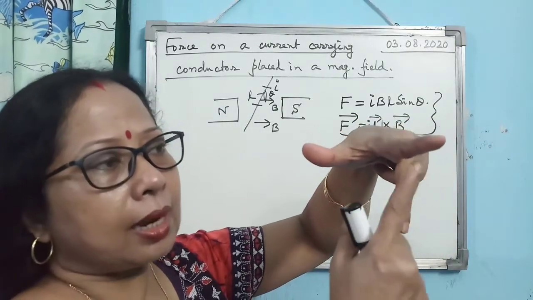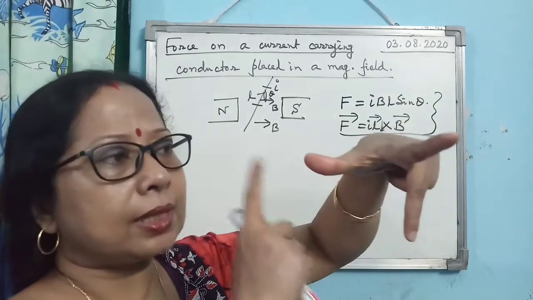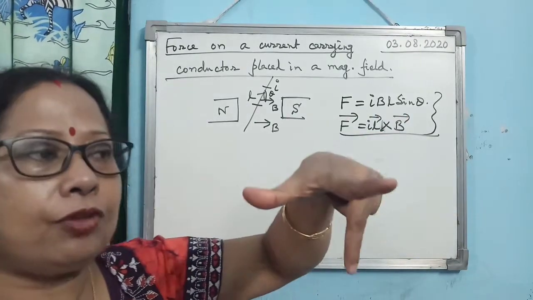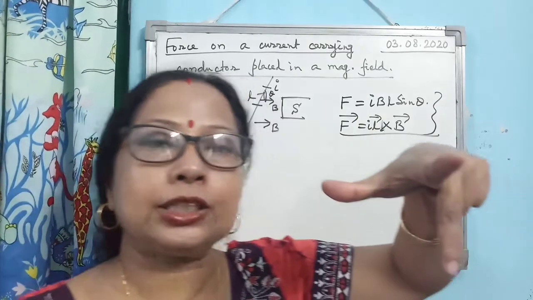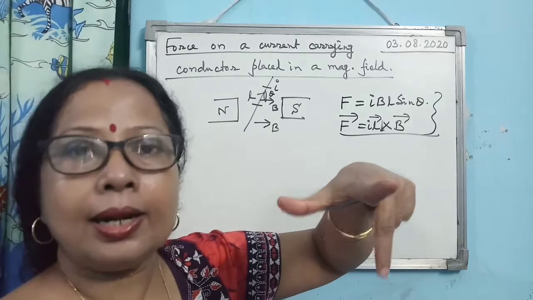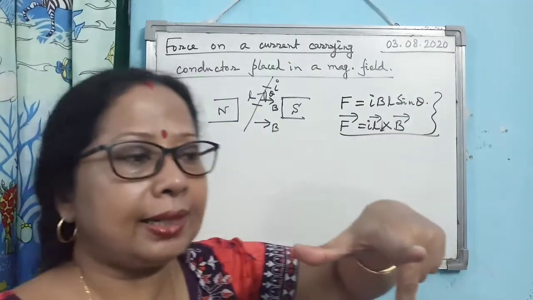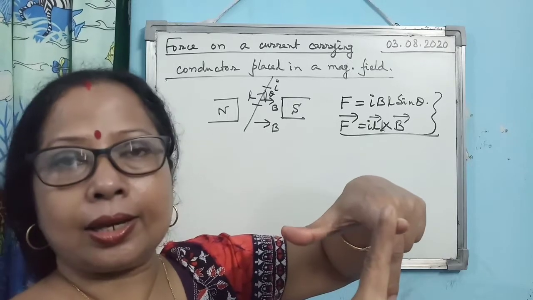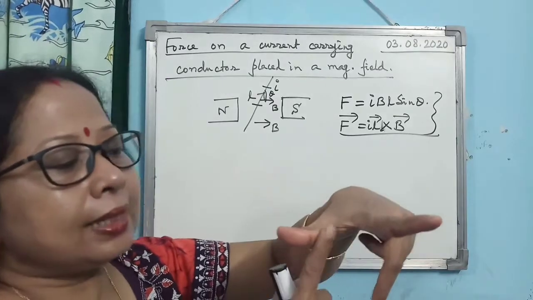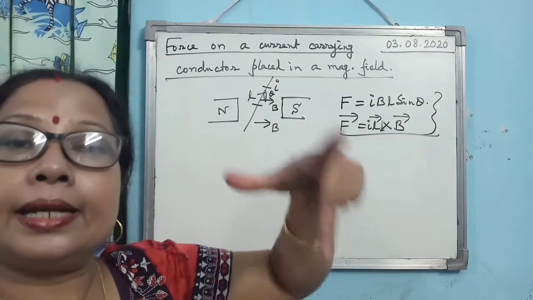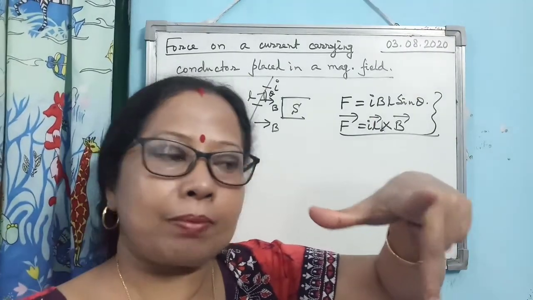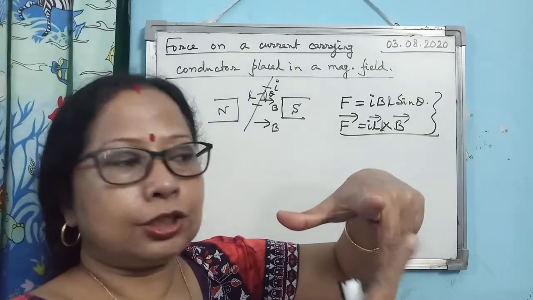If you consider the first three fingers, the thumb, the index finger and the middle finger of your left hand, and place them perpendicular to each other, then the middle finger gives you the direction of the current, the index finger gives you the direction of the magnetic field, whereas the thumb gives you the direction of the force. I hope you remember the way we used to remember: father, mother, child.